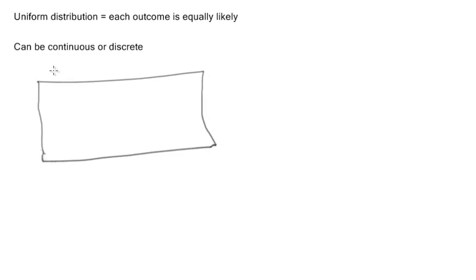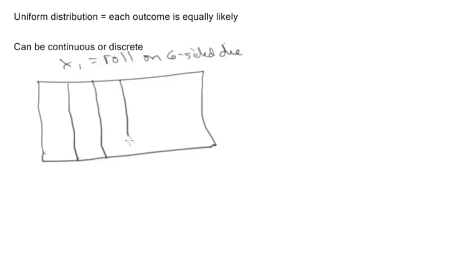Now this first example here is going to be x1, which is going to be equal to, let's say we record the roll on a 6-sided die. It'll be a fair die. So I could get a 1, a 2, a 3, a 4, a 5, or a 6. These should be of equal width, but I'm doing it quickly.